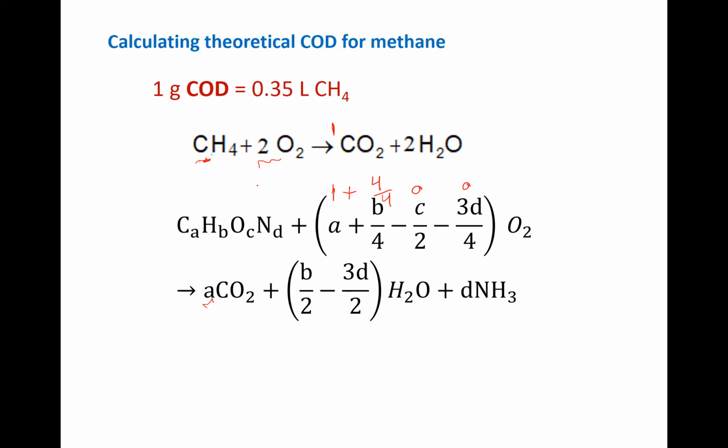How can we get this one? Again, b is 4 here. This is b, the number of atoms of hydrogen. So 4 divided by 2 minus 3d. We don't have nitrogen, so this term is completely 0. In this case, this is just a 2, and this is why I have 2 moles of water here.